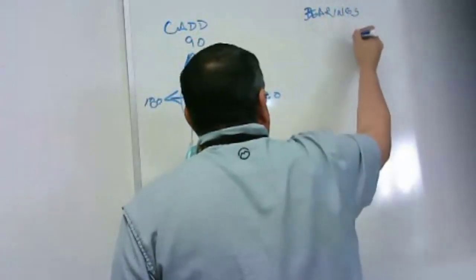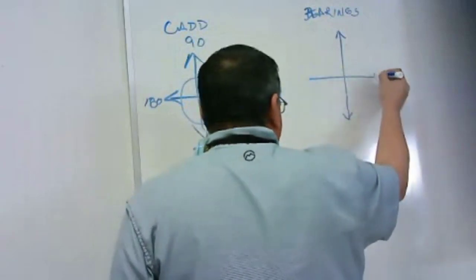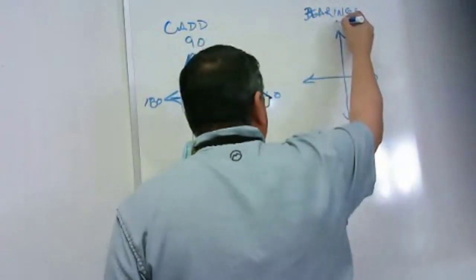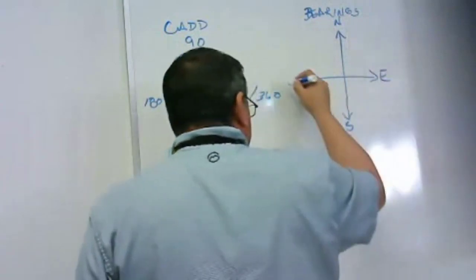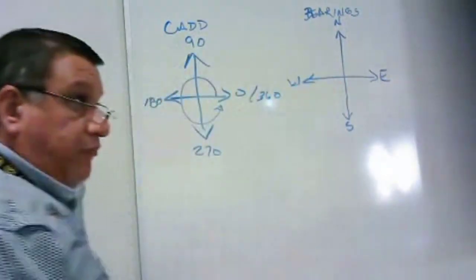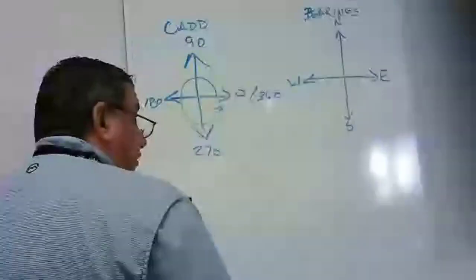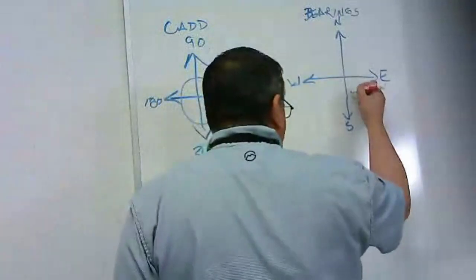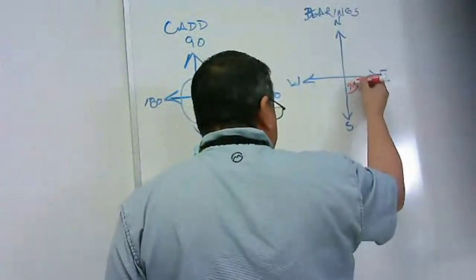Bearings. Same idea, same concept, except you have north, south, east, and west. Bearings only work or are only measured in increments of 90 degrees.